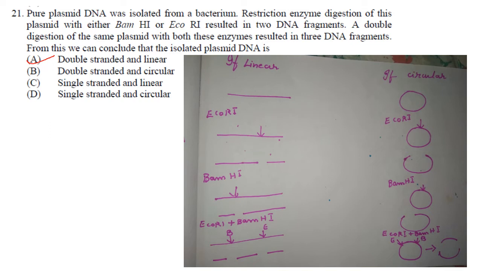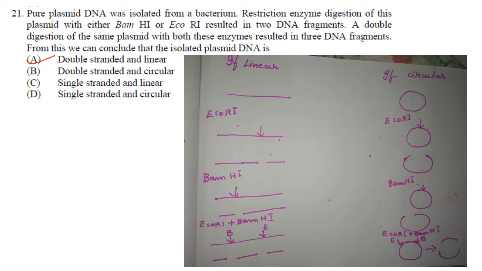Now we will see what happens with double digestion. A double digestion of the same plasmid with both these enzymes resulted in 3 DNA fragments. So when this plasmid was digested with restriction enzymes, that is double digestion with EcoRI and BamHI, it gave 3 DNA fragments.